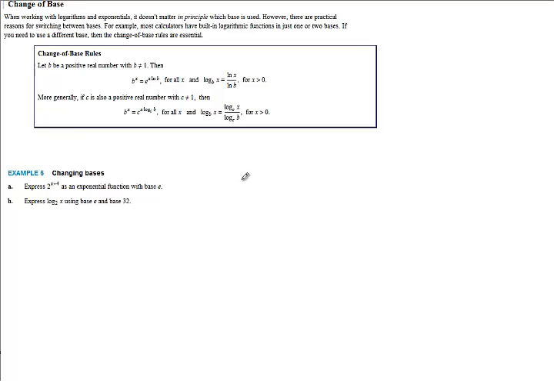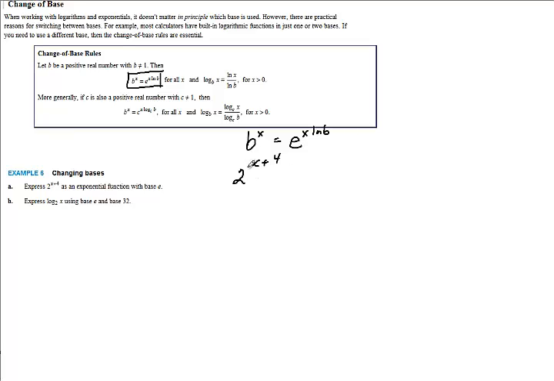Let's say in example 6, I've got 2 raised to the x plus 4 power, and I want to rewrite that so it has e as its base, because sometimes the e makes it easier when I'm working problems. So I like that base of e. I'm going to use this change of base rule, b to the x equals e to the x natural log of b. Alright, so let's see what I've got.